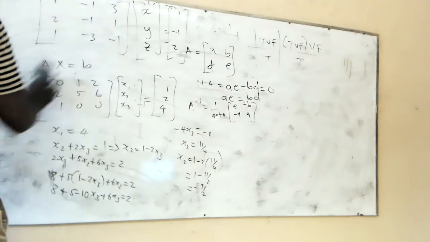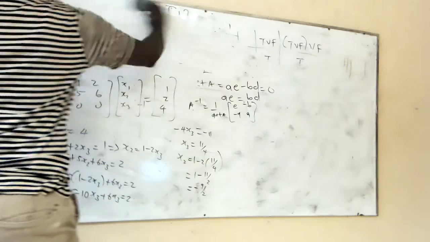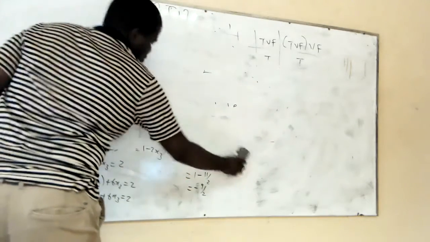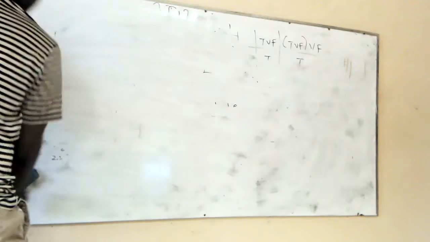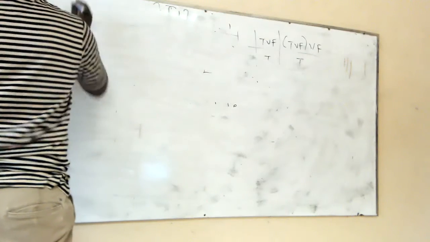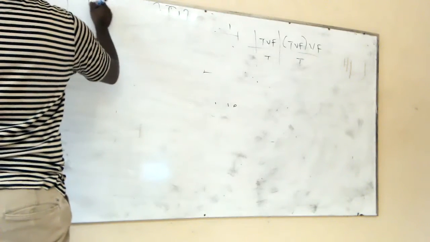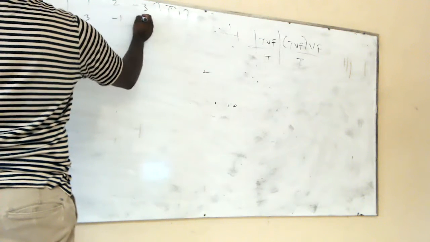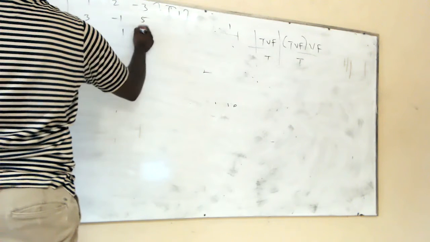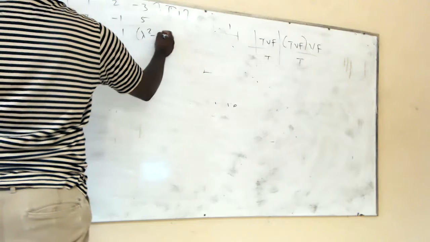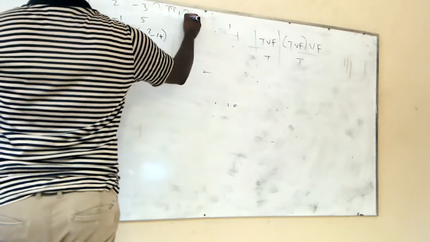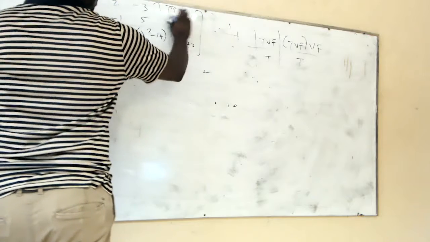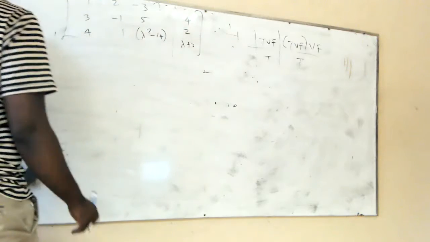Question number 13. I'm wrapping up all these things we have here. Question number 13, we are given an augmented matrix 3, negative 1, 5, 4, 1, lambda squared minus 40, and then 4, 2, lambda plus 2. So how do we go about this?